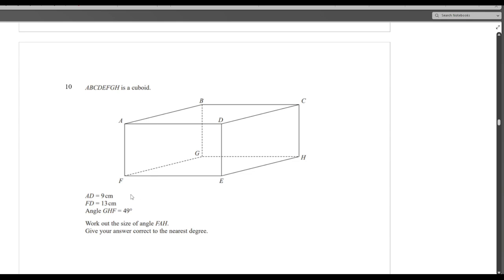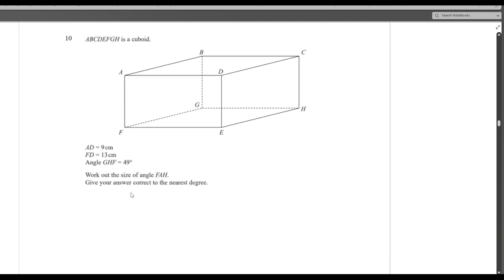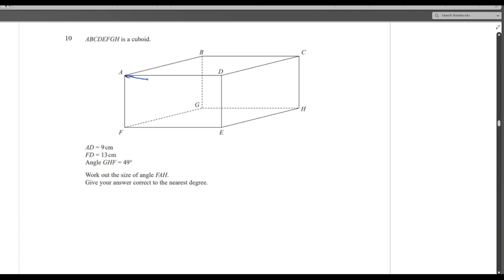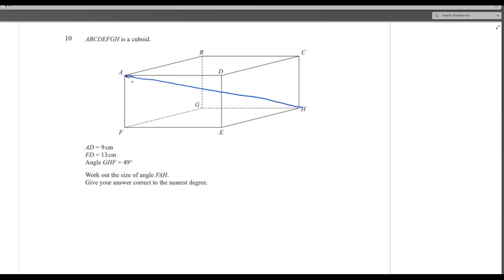ABCDEFGH is a cuboid. Again, the information is given. We have to work out the size of angle FAH. Now to work out this angle FAH, this point A I will join with this H. Now AD is given, so AD is 9.